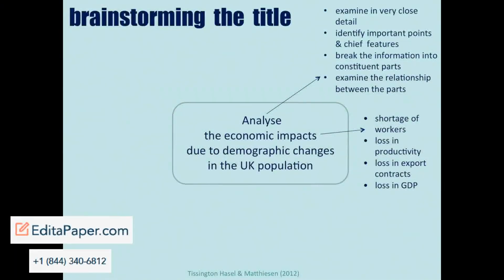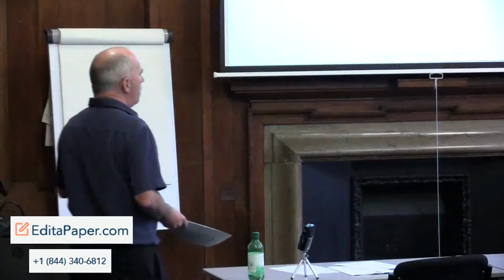So, economic impacts could be a shortage of workers in terms of the demographic changes. Because the population's getting older. Maybe the birth rate's gone down. So there's a shortage of workers. Maybe a loss in productivity. We know that in this country productivity is low.